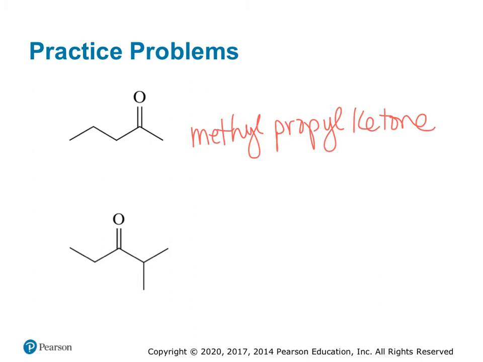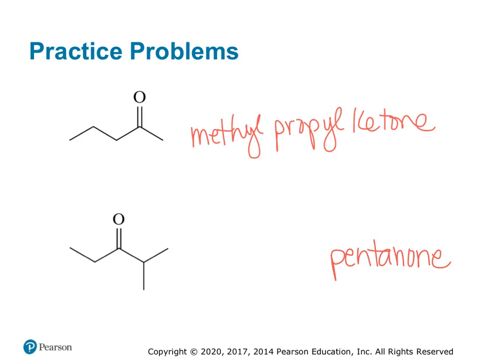The second example, because it has a substituent group, we can't really name it the same way, so we've got to use the IUPAC name. So 1, 2, 3, 4, 5 carbons. So I've got 5 carbons. That again is pentane. So that is pentanone with the ONE ending. And I'm going to number it so that the carbonyl group gets the lowest number.